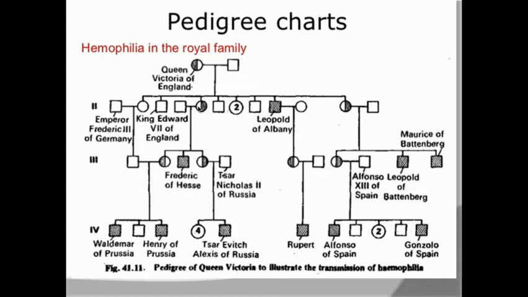Now, I mentioned the Russian royal family because Queen Victoria of England had one daughter who married and had one son. That son married their cousin. This is a cousin right here.